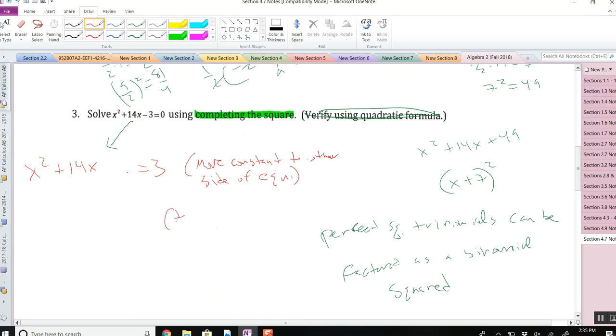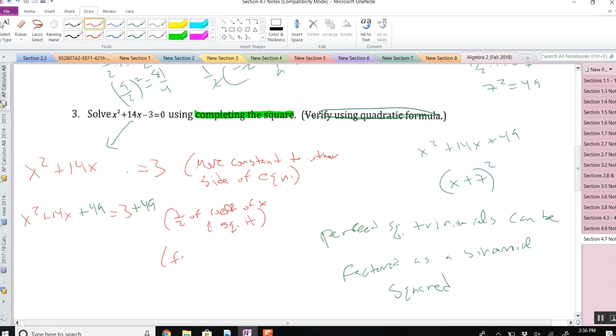Then you're going to take half of the coefficient of x and square it. So it's going to be x squared plus 14x equals 3. And then you're going to do plus 49 and plus 49 on the other side. Remember, it's got to be equal treatment, so you make sure you do it to both sides.